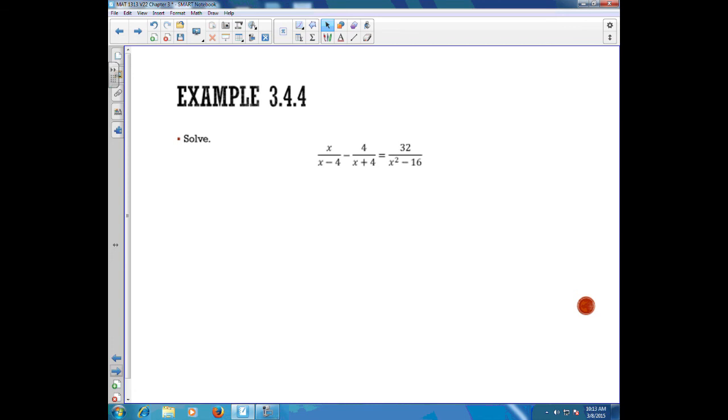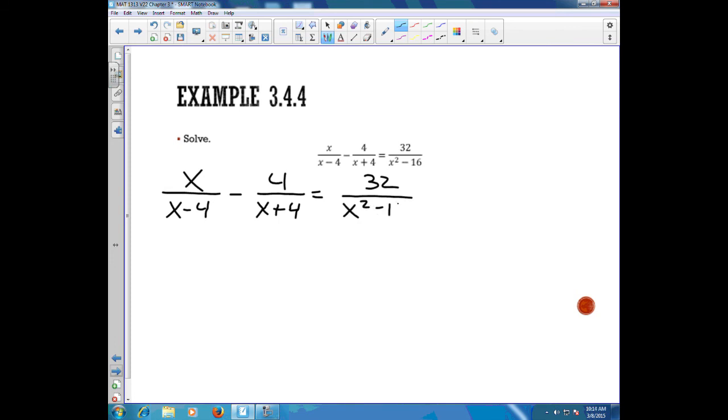So this time, we want to start off by factoring our denominators. And for the first two terms, there's no denominator to factor, but the last term, x squared minus 16, that's a difference of squares.